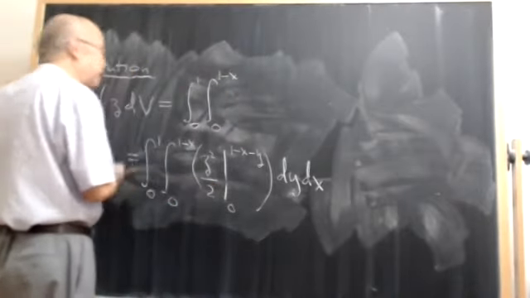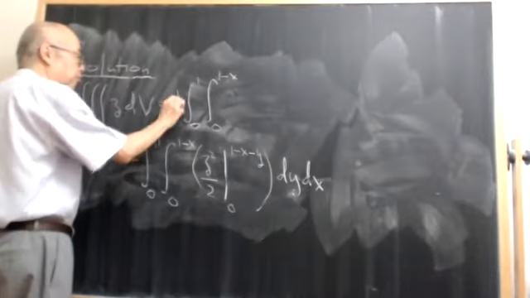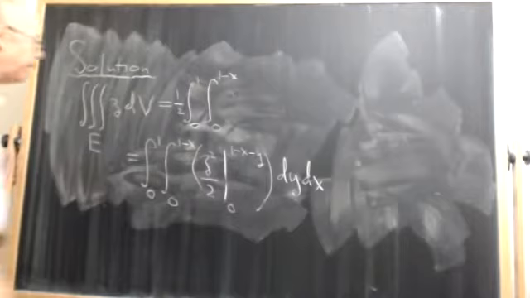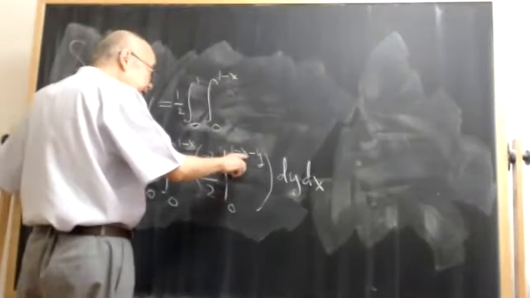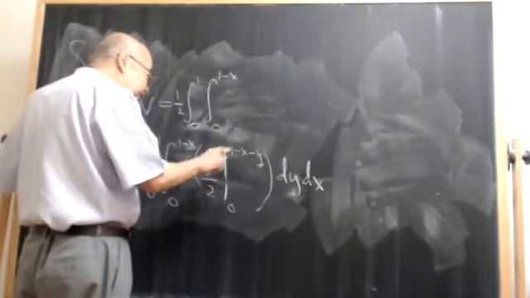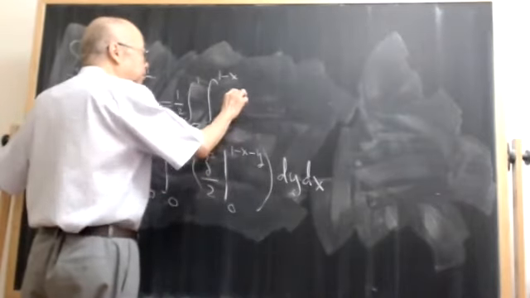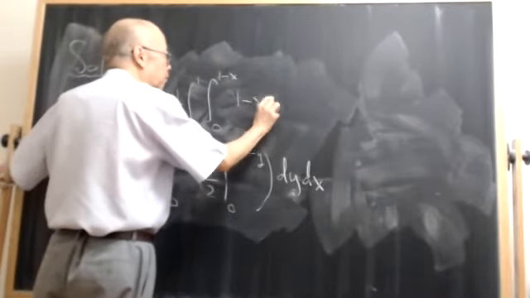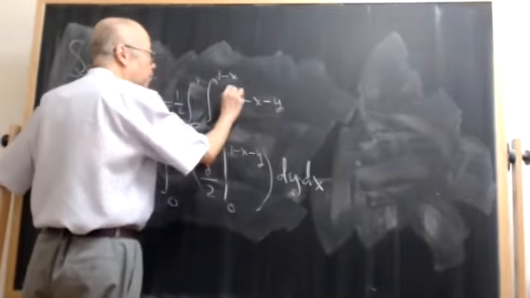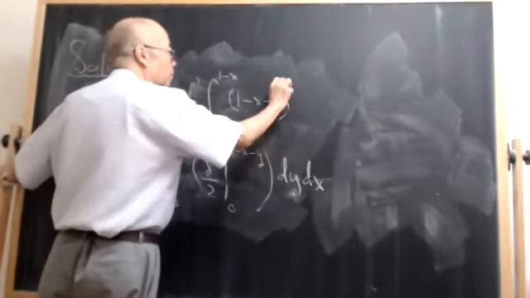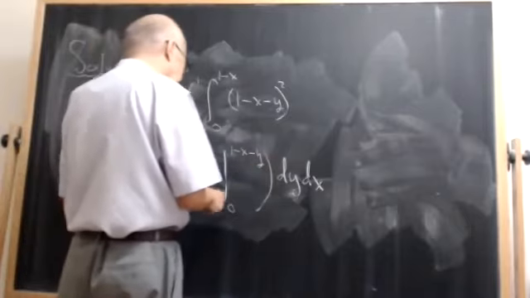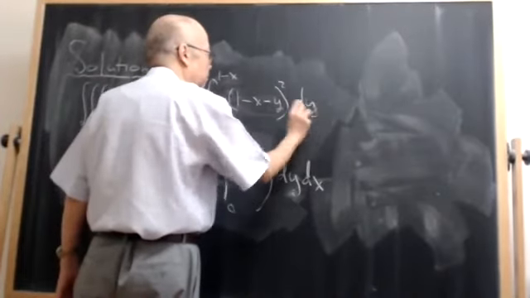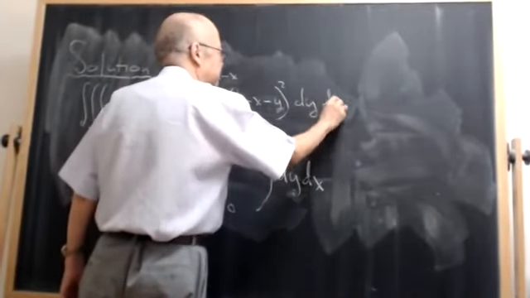And this is how the 1/2 can be taken out. And then I have 1 minus x minus y squared. And then dy. And dx.